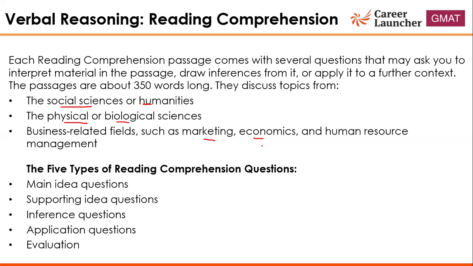They're not assuming any knowledge from you. All the information that you will need to answer is already there in the passage. 5 key question types, which include main idea, supporting idea, inference, application, evaluation. These are all key question types that you'll find on the test, something that you absolutely need to be good at.